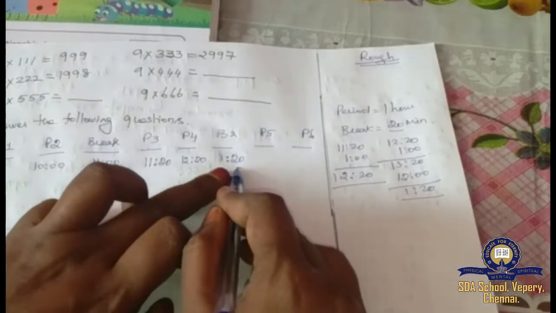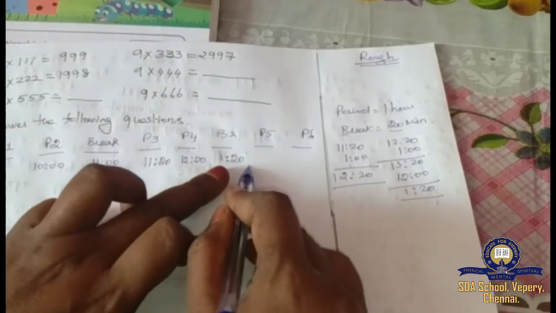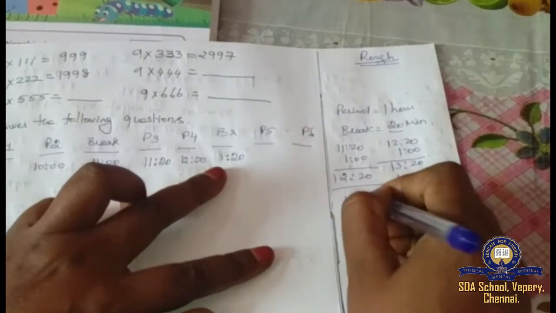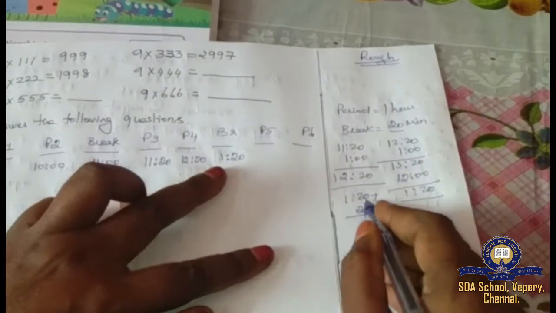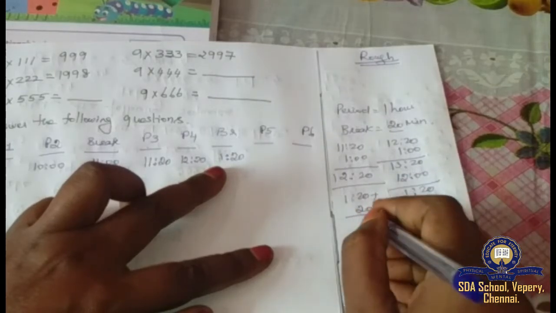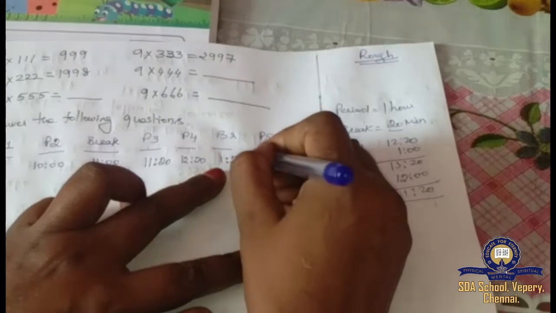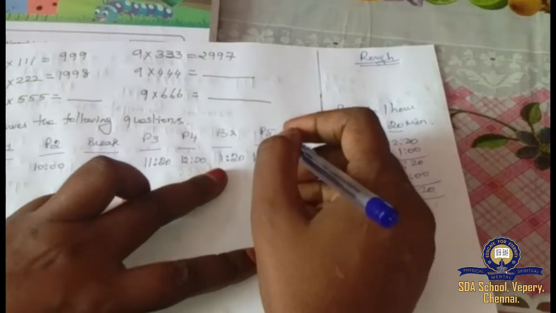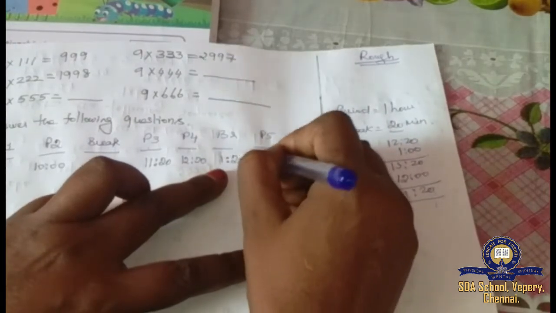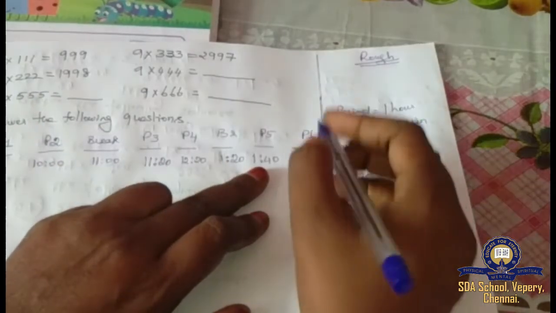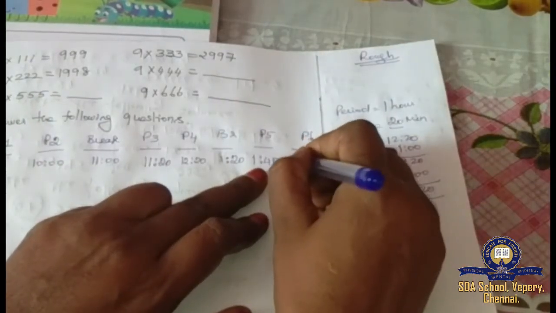After 1:20 you have to add how many minutes? 20 minutes. So 1:20 plus 20 minutes is 1:40. After that, they have given the answer 2:40 here.